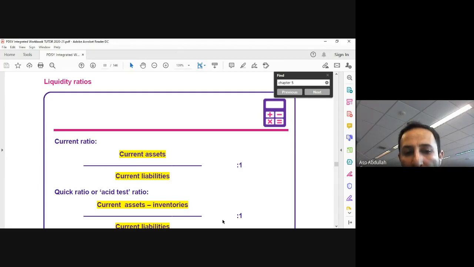So if you purchase from a supplier with 30 days credit and your current ratio is less than 1, it means you have a problem. You may not be able to pay your supplier. What happens if you're not able to pay your supplier? Well, probably you will lose your supplier, and you never want to have a bad relationship with your supplier.